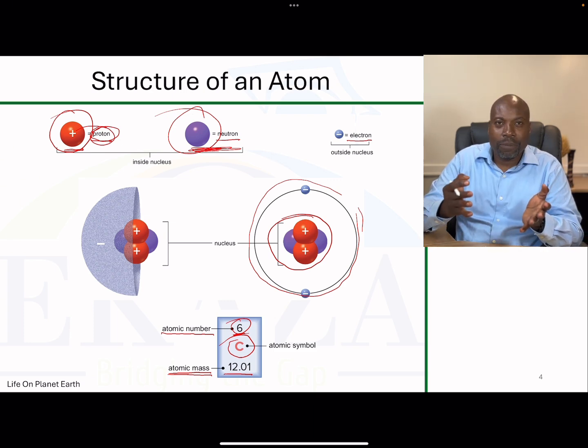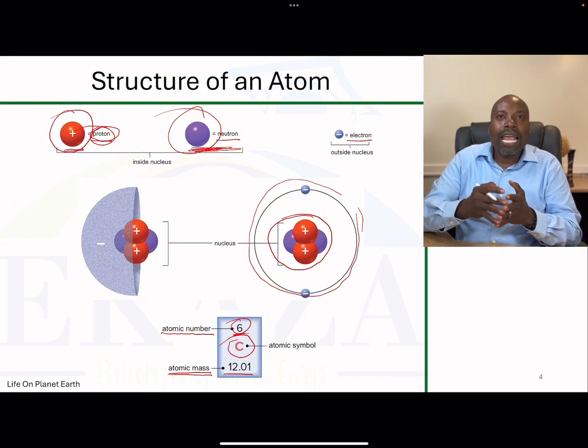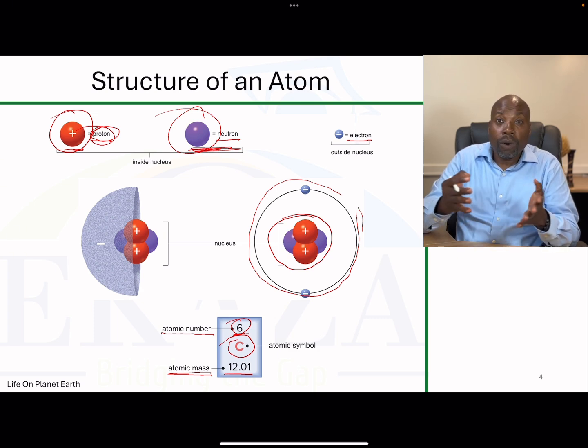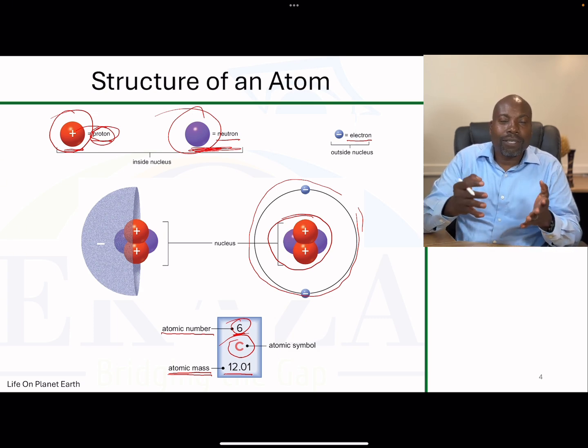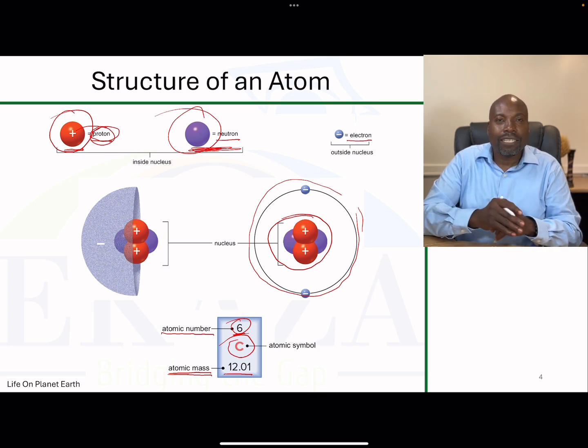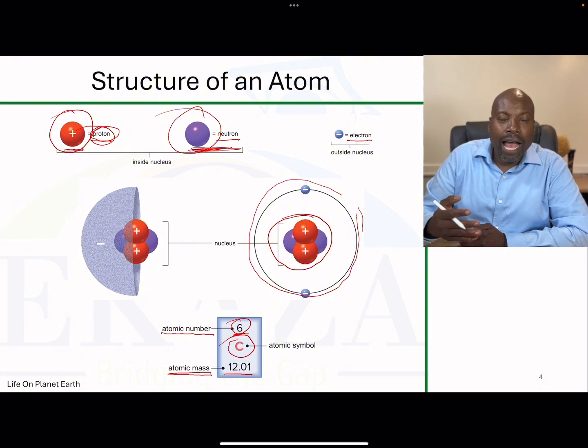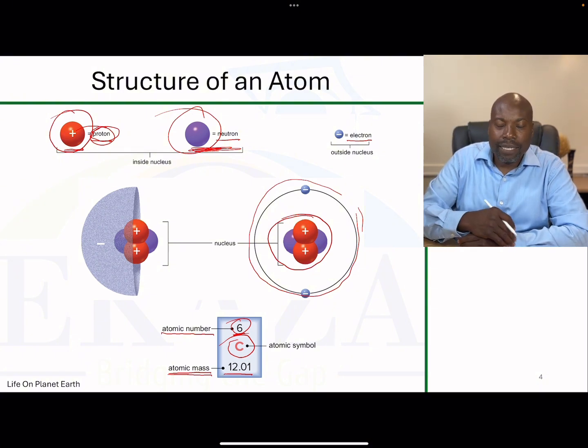Not much. How much are your eyebrows counting for the mass of your body? Not much, right? So this is also how much electrons account for mass in an atom.